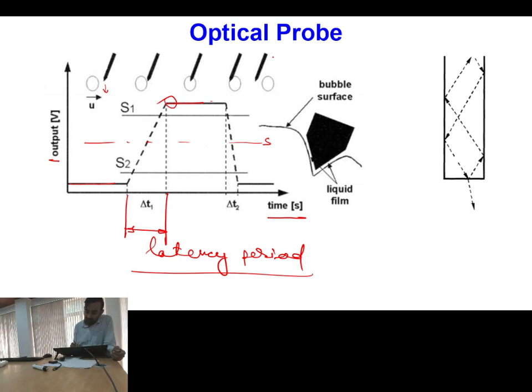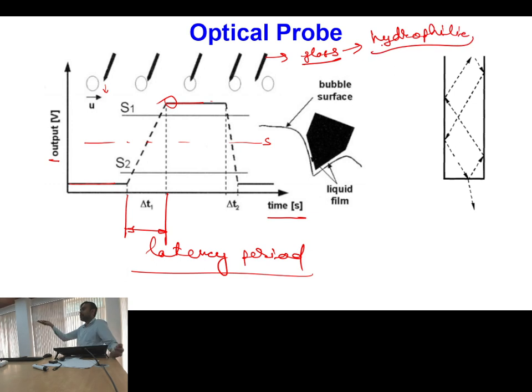Because I told you that the material of the probe is glass, and glass, for the majority of liquids, has a hydrophilic nature. Say if I talk about water, then it has a hydrophilic nature. So water drops typically stick to the glass surface. Because of this hydrophilic nature, if you zoom into the probe, you will find that this is your probe and this is the interface.